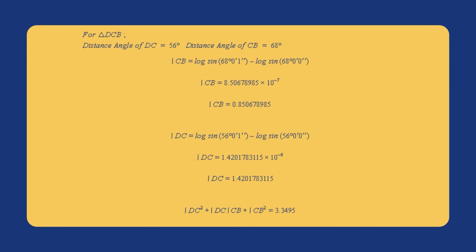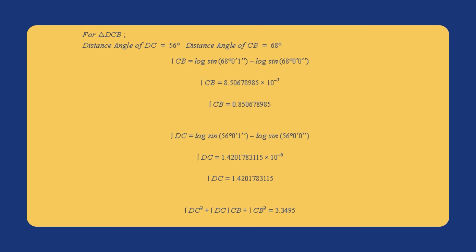Now we proceed to the triangle DCB, in which we do the same thing. We first get the distance angles of each side of the triangle, wherein DC is 56 degrees and CB is 68 degrees. Getting the deltas for CB and DC, we have the value of 0.8506788985. Now you may ask, why is it 0.8506788985 and not 8.506?